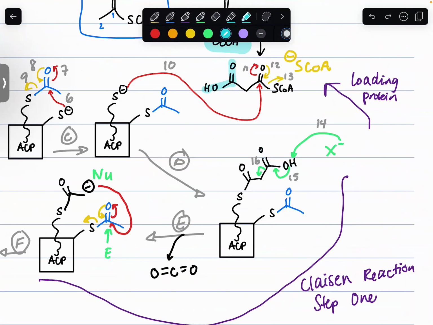In practice, it looks a little bit more like an aldol than a claisen, just because with the claisen reactions we've covered, the H has always been like another carbon group.